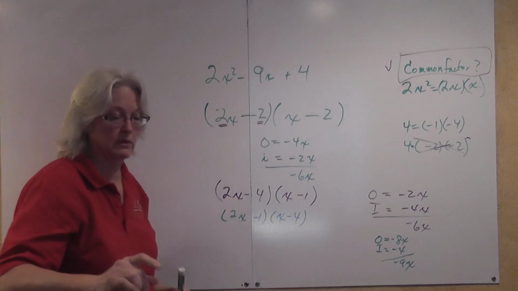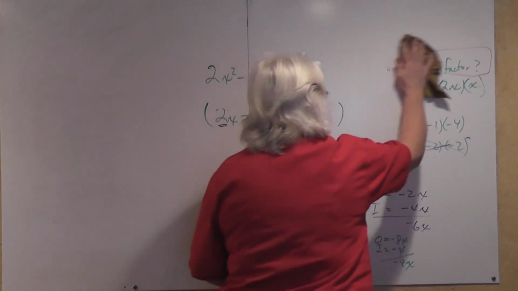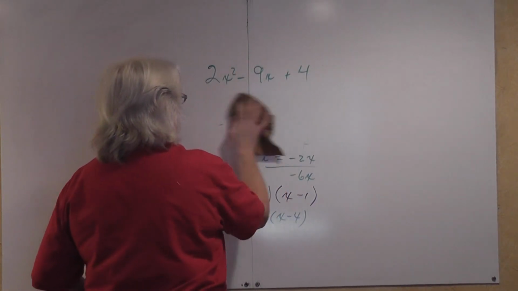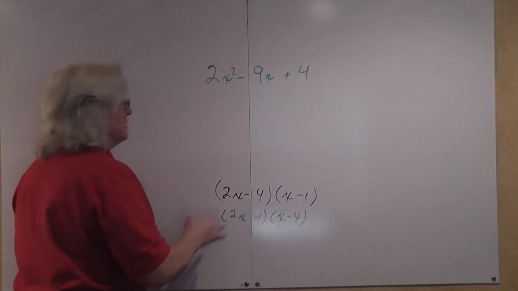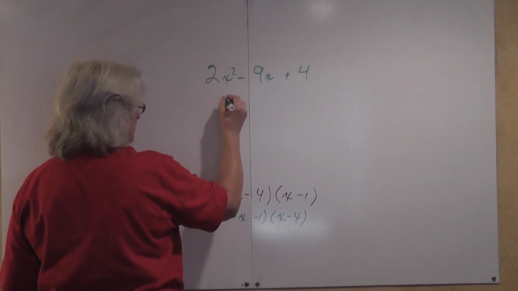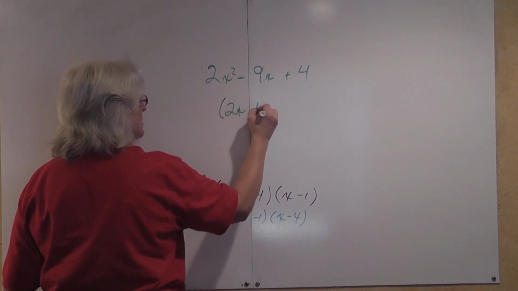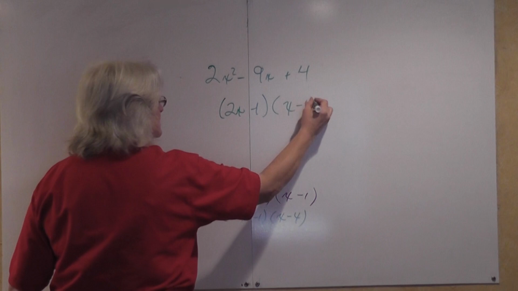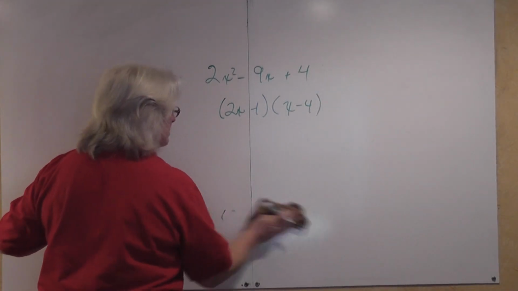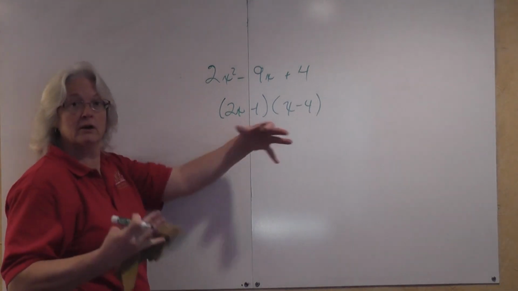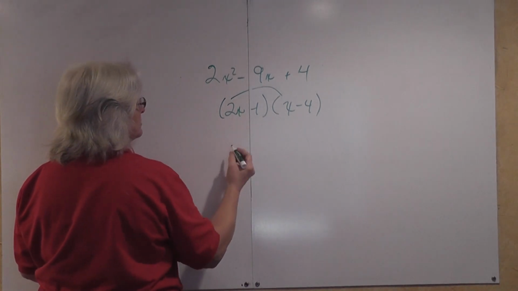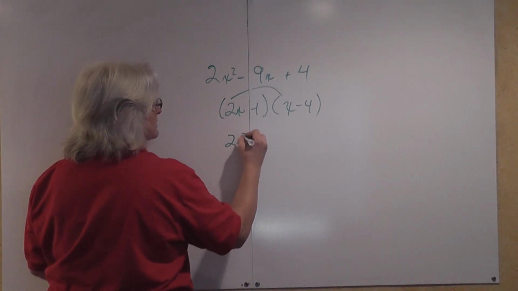How do you check it? I'll show you exactly what you do to check it, and I'm sure that you're already remembering what you do. I'm going to go ahead and erase all of this junk and say that we said 2x squared minus 9x plus 4 was equal to 2x minus 1 times x minus 4, which is what we showed down here. How do you check it? You simply FOIL. Product of our first two terms, 2x times x, 2x squared.